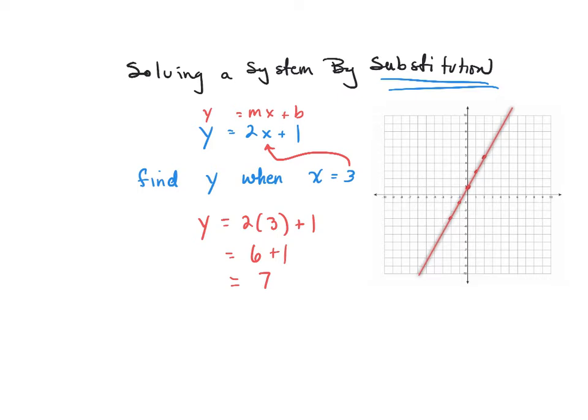Now let me graph the line x equals 3. Many of us may not know what x equals 3 looks like. Maybe right about there, but it's hard to scale everything perfectly. But x equals 3 means x is always 3.